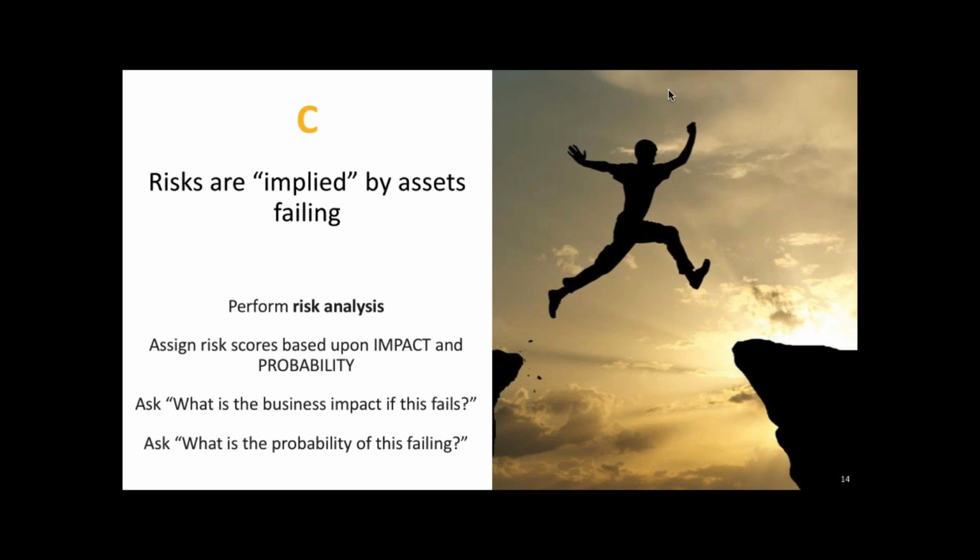As we go through each of our assets, we would assign risk scores based on impact and probability. We would look at each requirement or test case perhaps, and ask ourselves, what's the business impact if this fails? What kind of a loss are we going to realize? What is the probability of this failing? There are a lot of different factors that can impact that. So this approach is what we are going to be discussing during today's webinar.